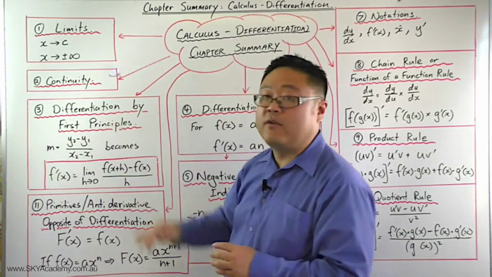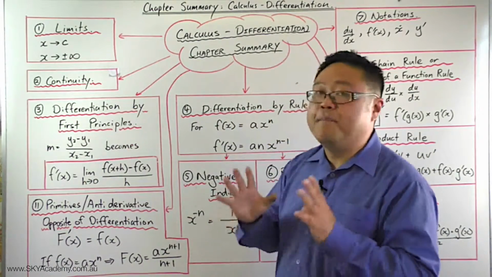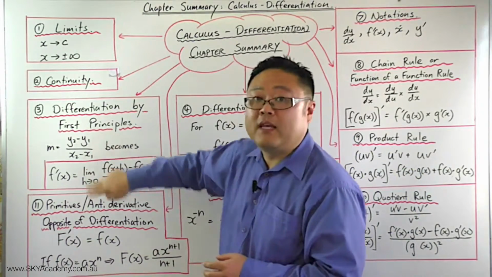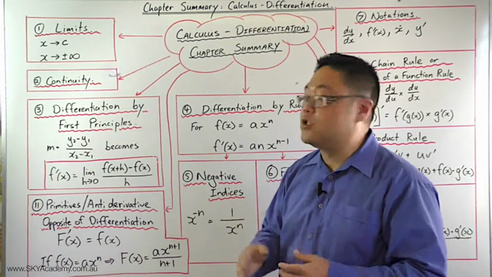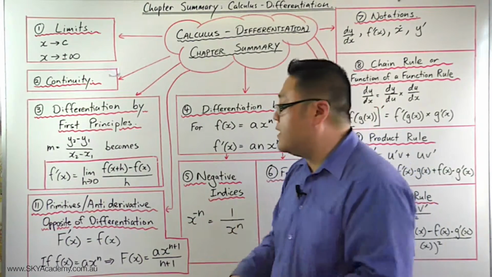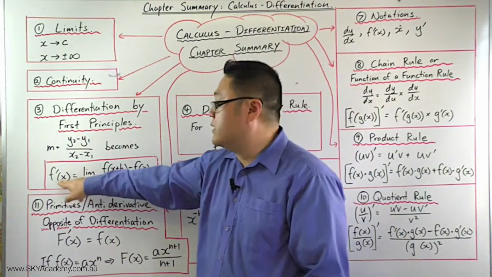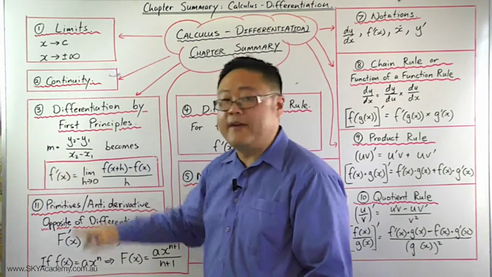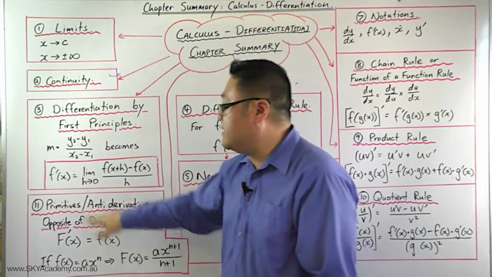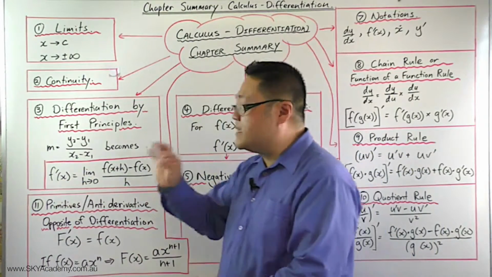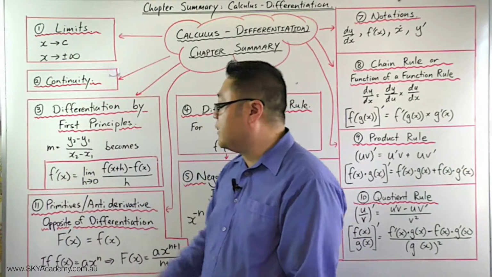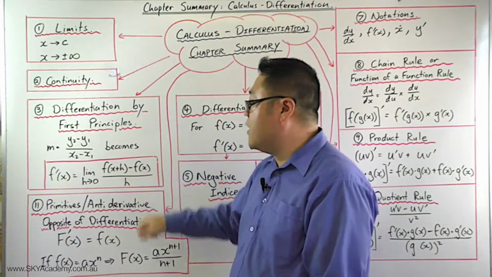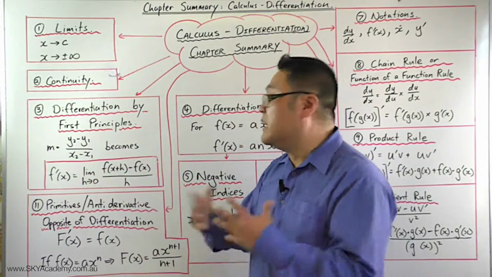That's what differentiation by first principles is. We did that using the formula y2 minus y1 over x2 minus x1, and what we ended up with is the derivative, f dash of x. The instantaneous gradient at that particular point is given by f of x plus h minus f of x, all over h, as h approaches 0, the limit of h approaching 0.